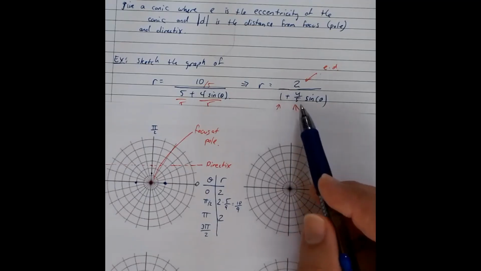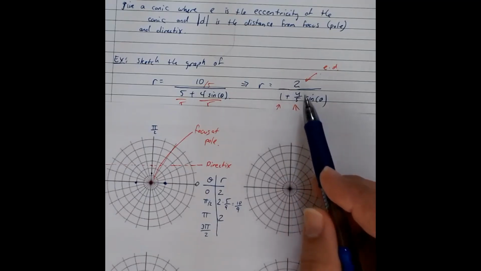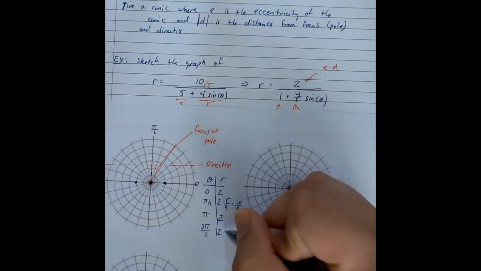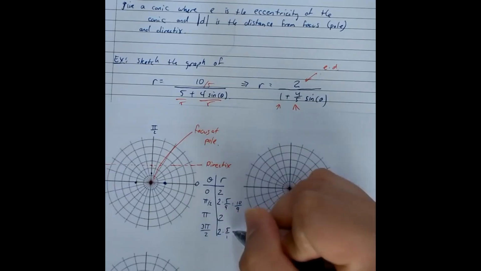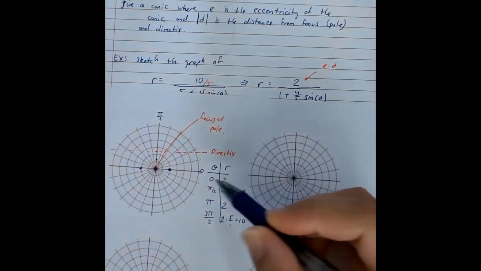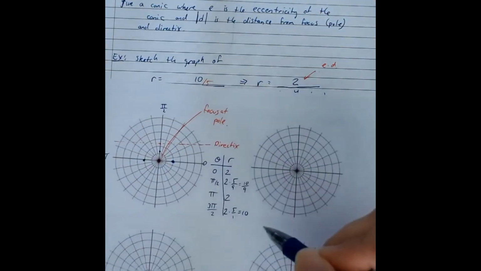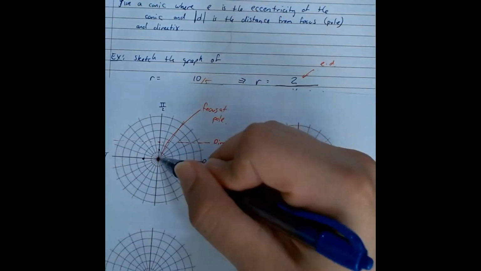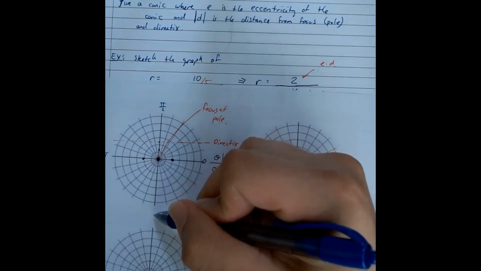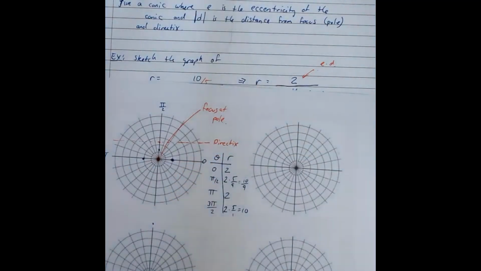Right? 1 minus 4/5, that's just 1/5. And if I take 2 and I divide it by 1/5, that's the same as multiplying by 5 over 1, which will give me 10. So this one has me going, if I'm facing in the direction of 3 pi over 2 down this way, I'm going to go forward 10 steps. Oh, and I wish I had a bigger graph here. 1, 2, 3, 4, 5, 6, 7, 8, 9, 10. Let's just say that's 10 out there.